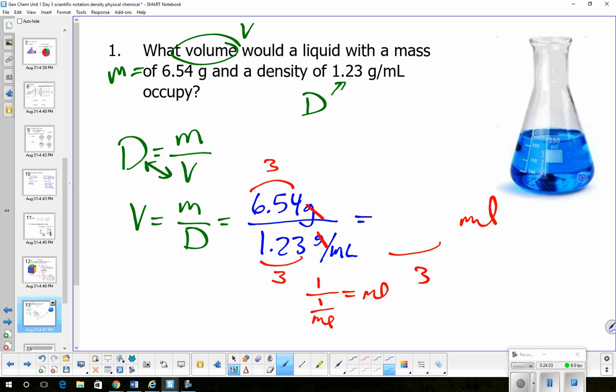You can do this. You're going to need it for today's work. 5.317. So what am I going to report? 1, 2, 3, rounded up, 5.32 milliliters.